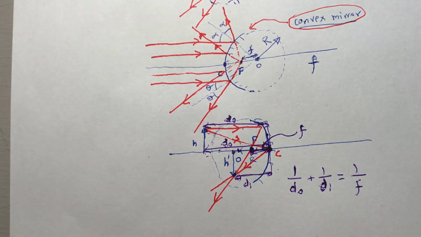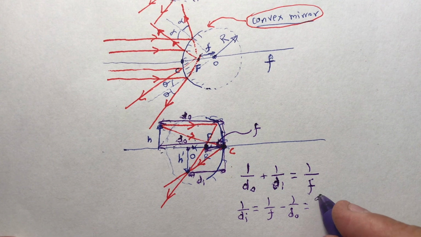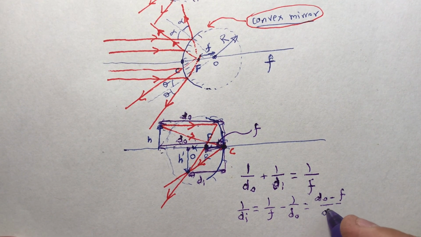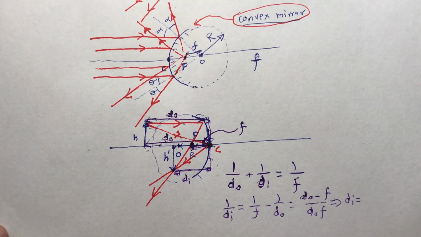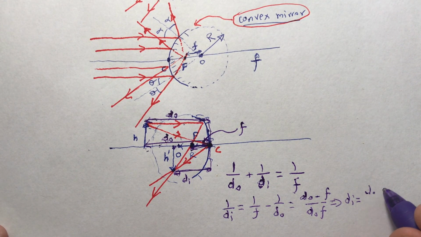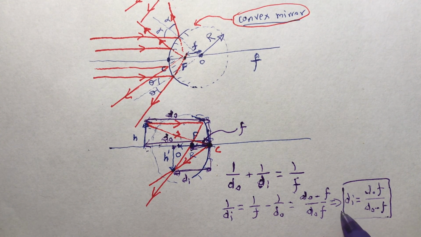You can say 1 over d_i is equal to 1 over f minus 1 over d_o, which gives me (d_o minus f) over (d_o times f). And from here I can find d_i. d_i is equal to d_o times f over (d_o minus f). And here is d_i, if I want to find that distance.